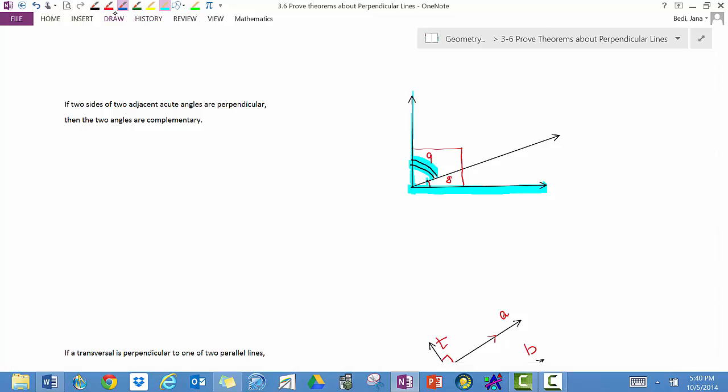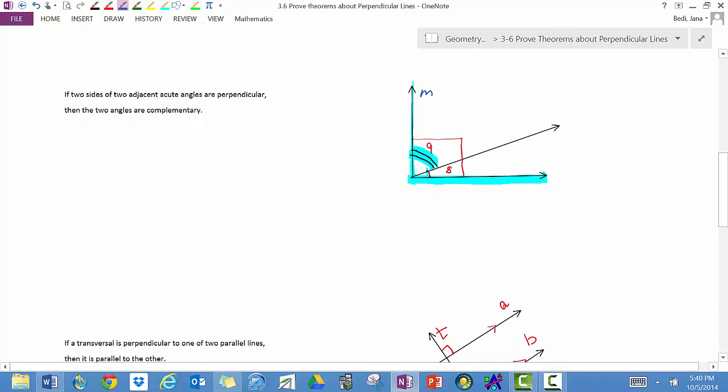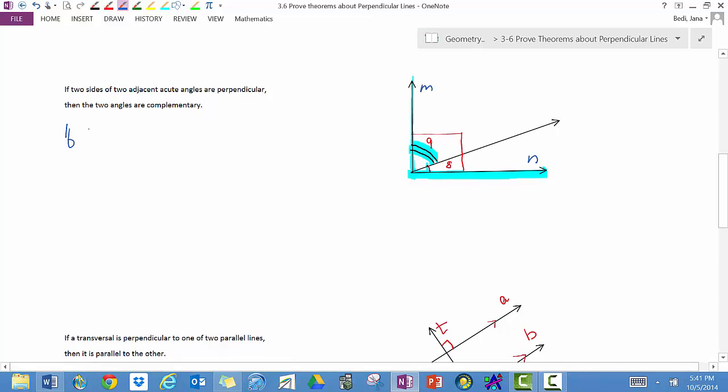If we did not label this line, never mind, we'll label it M and label the other one N. So we are saying that if M is perpendicular to N, then angle 8 and angle 9 are complementary. Just a reminder, complementary means angles that add up to 90 degrees.